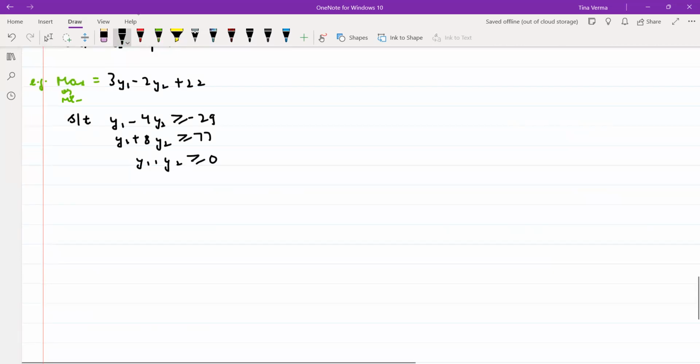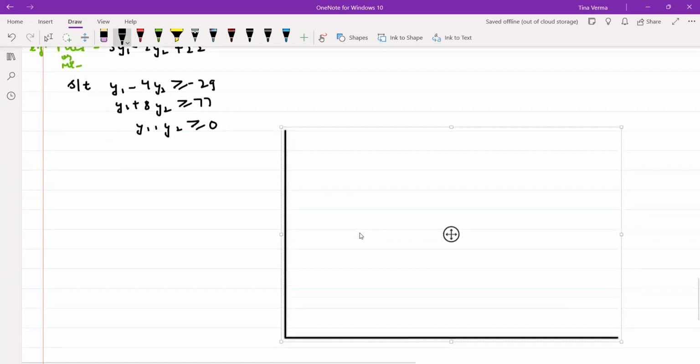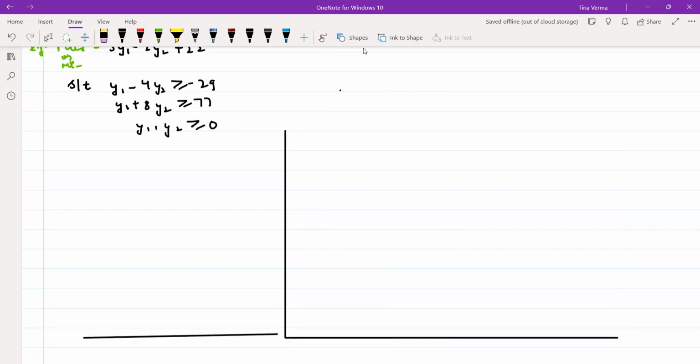So the same graph will remain same. That means the plotting of the point will remain same. So this is my point which I'll get from the first constraint. This is my minus 29, 0, and this is 0, 29/4.